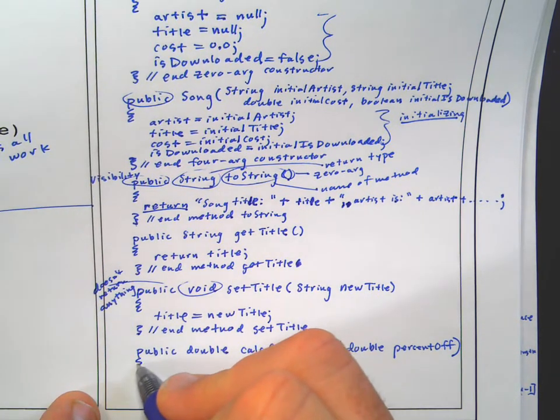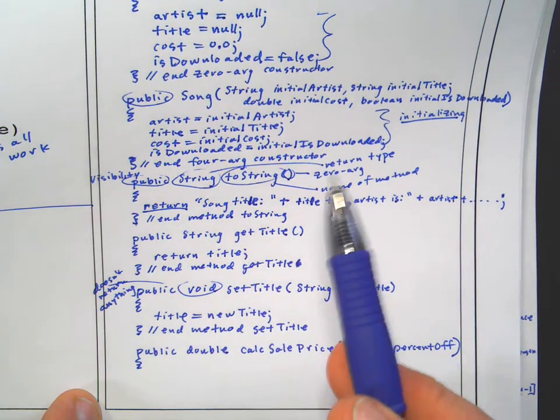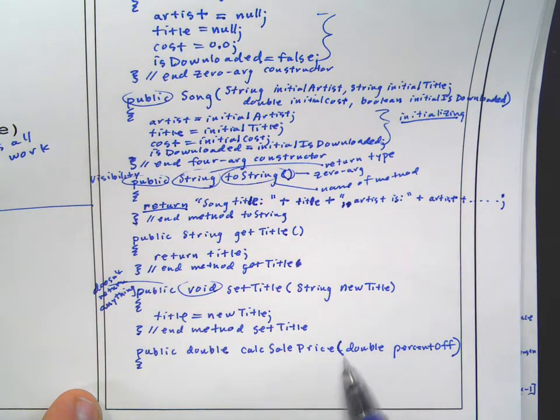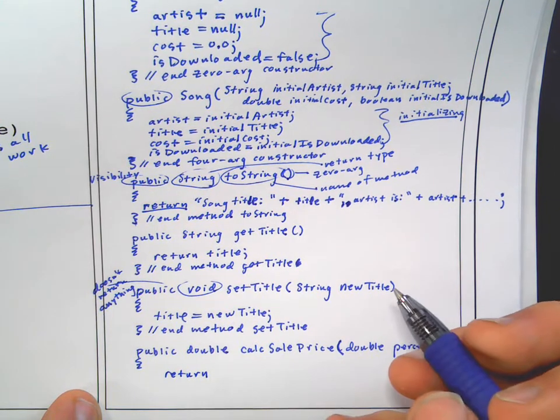And then in here, we want to return what the new sale price is. Now, we're not assigning it to the price, the cost, because we're going to keep the cost the same, but just temporarily, this will calculate what the sale price is and give it to the user in another class. So how would we do that? Well, return, there's some different ways we could do that.